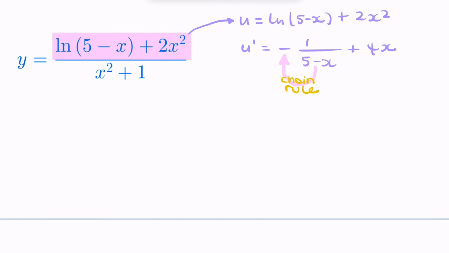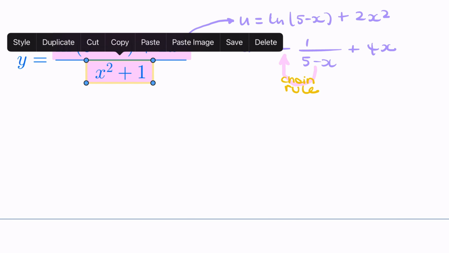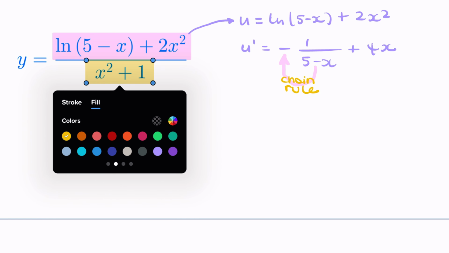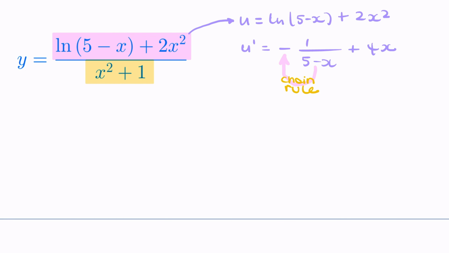Now for the denominator, x squared plus 1. If we differentiate that, that's straightforward. It's going to be 2x. So let me write that out. So v equals x squared plus 1. So v dash is 2x.